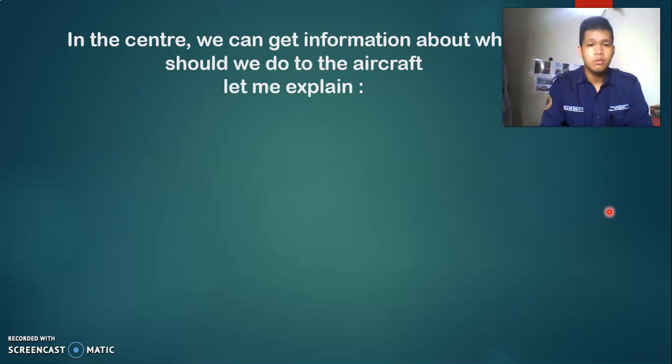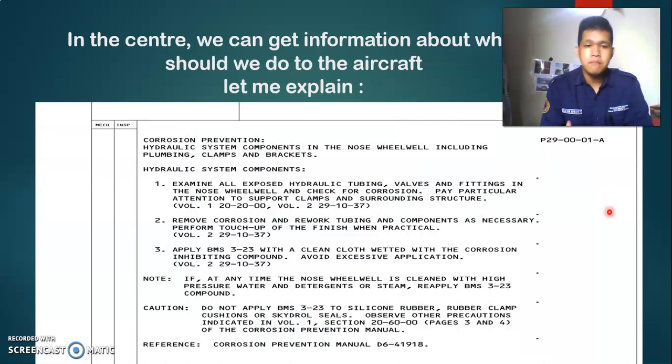now we read the middle, or the center, of this paper, the task card. We can get information about what we should do to the aircraft. Let me explain. What we do is corrosion prevention.